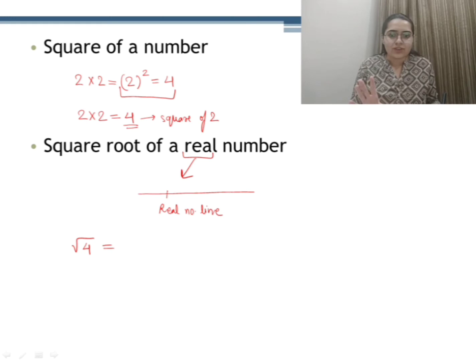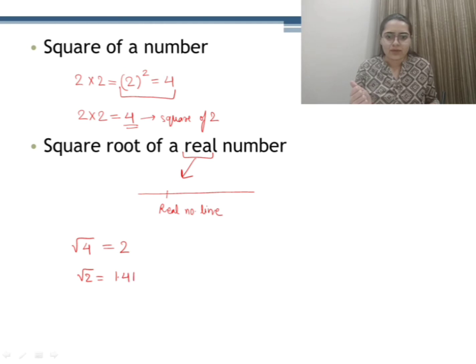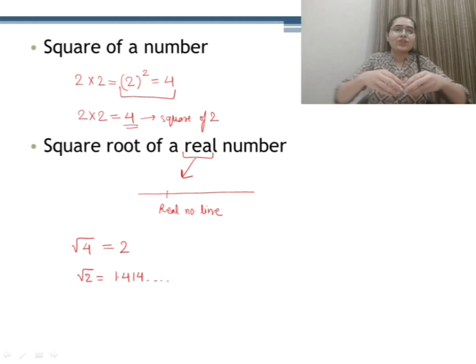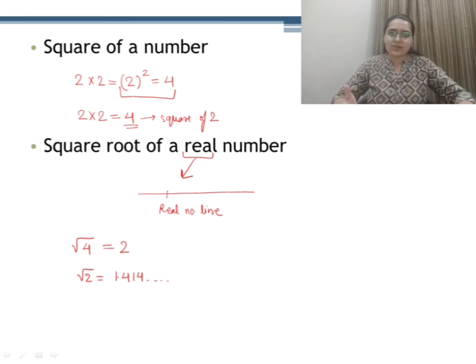Square root of 4 is 2. We all know that. Square root of 2 is 1.414. We know that as well. But what is the significance of square root? What do you actually mean by square root? We know that square root exists, but what does it really mean?